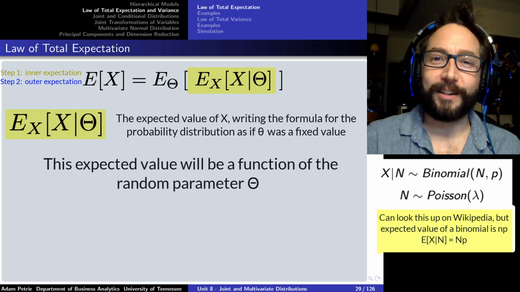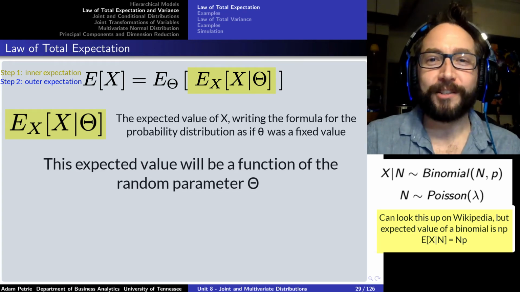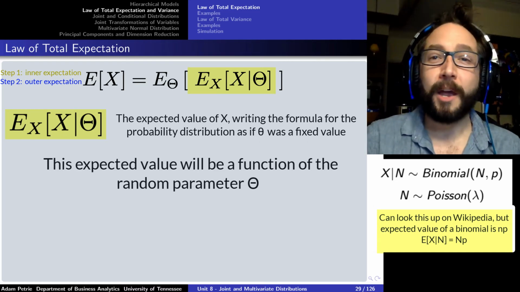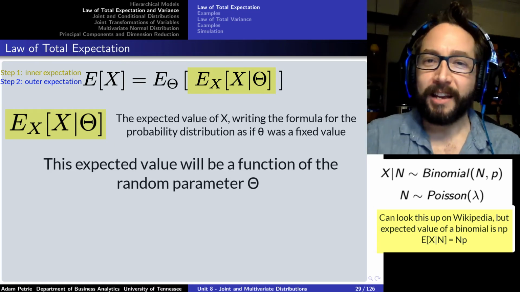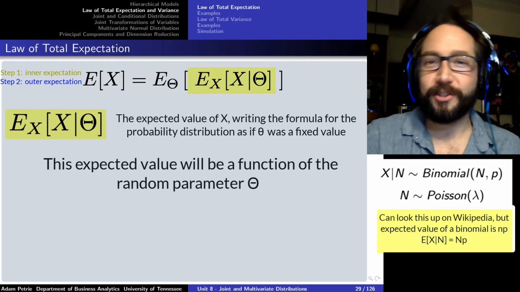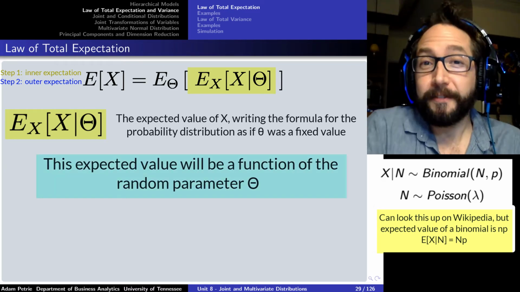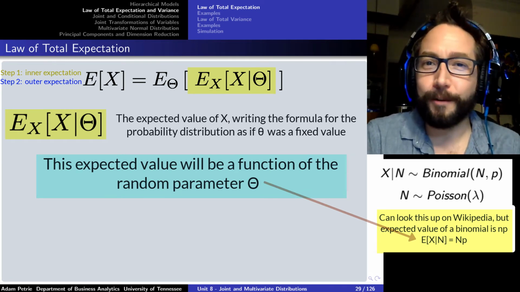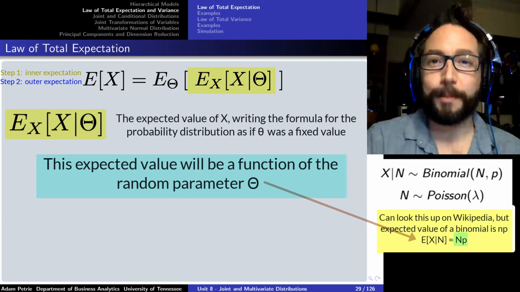The expected value of the beta distribution is alpha over alpha plus beta. And so if indeed those parameters were really random and we're using them in a hierarchical model, we'll start out step one just by writing down the expected value of X in terms of what those parameters are, just assuming they're fixed for right now. Now, when we do that, we get a function in those parameters. Expected value of the beta is alpha over alpha plus beta. The expected value of a binomial is n times p.